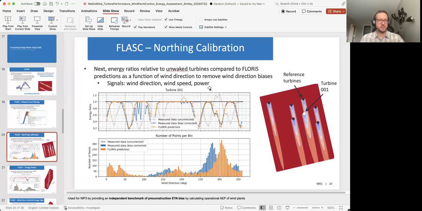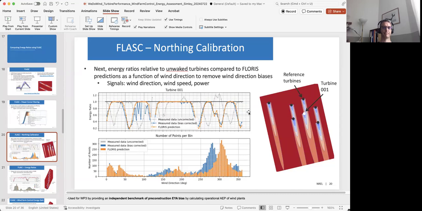But really, FLASC is designed for this detailed analysis of wake losses as a function of wind direction and comparing that to FLORIS, whereas OpenOA is just trying to estimate what the total wake losses are for the wind plant as a single value, like its long-term average wake losses. But right now there's no interaction between FLASC and any other software packages at NREL besides FLORIS. Okay, thank you.